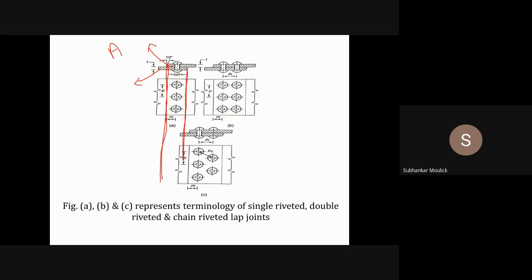So from this edge to the center line of the rivet hole, this distance is known as margin m. Is it clear? Any doubt? Yes, sir. Clear.